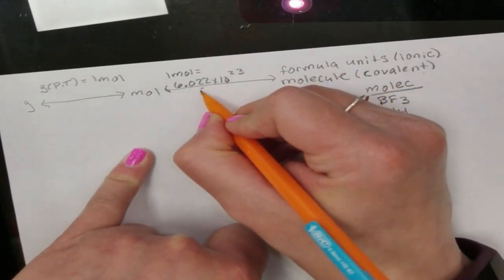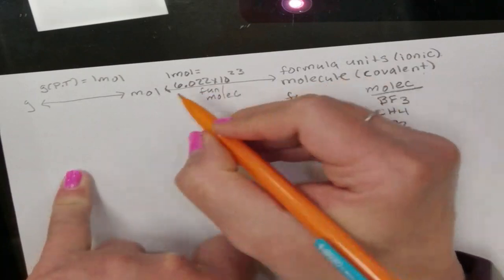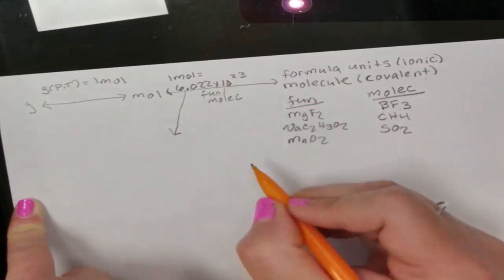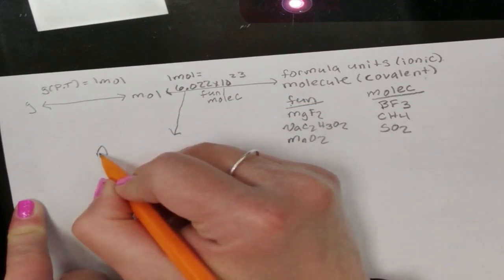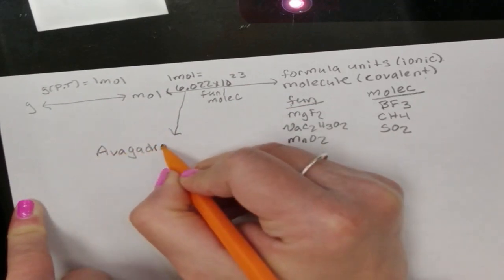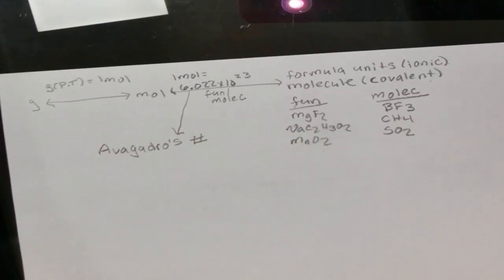So that's going to be a formula unit or a molecule. And this value, 6.022 times 10 to the 23rd, is called Avogadro's number, named after the scientist who discovered this.